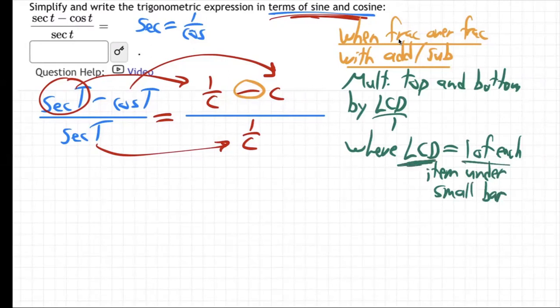The LCD is 1 of each item under a small bar. So this and this, those are the two items under small bars.